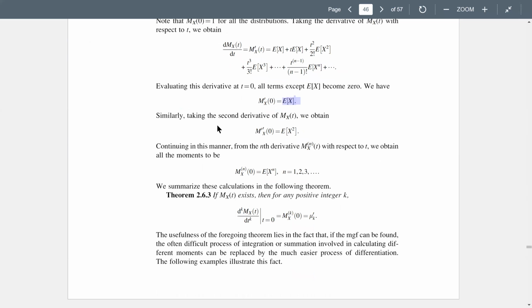So the first moment generating function, when setting t equal to 0, you will get its mean. And if you do the second derivative, okay, you will what? And then set t equal to 0, you will get expected value of x squared. And you do this for the third and for the fourth to the nth derivatives, you will get this formula. And you generalize it in this way.